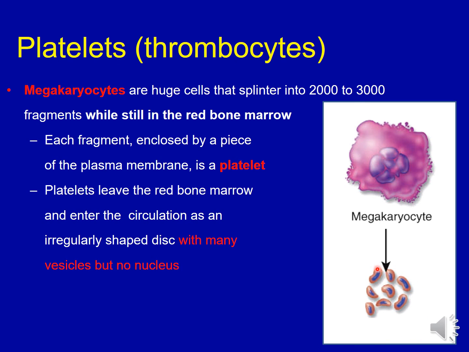They appear as a piece of the cell membrane containing different vesicles but no nucleus. So each fragment, or each platelet, is enclosed by a piece of the plasma membrane, and as you will know, they have no nucleus, like the red blood cells.